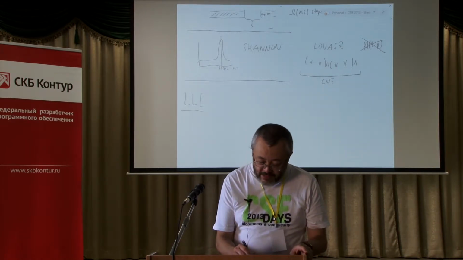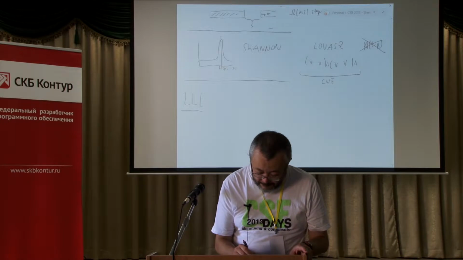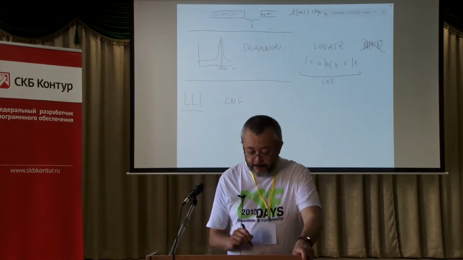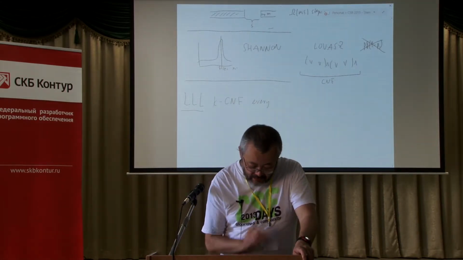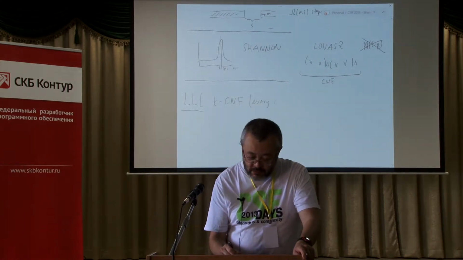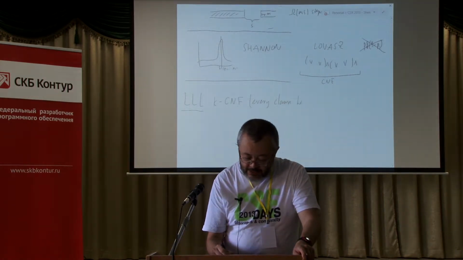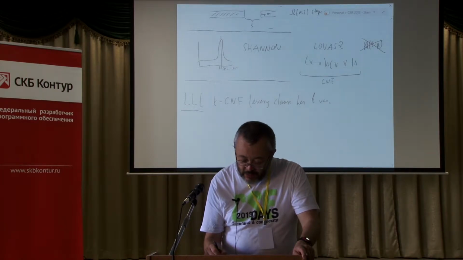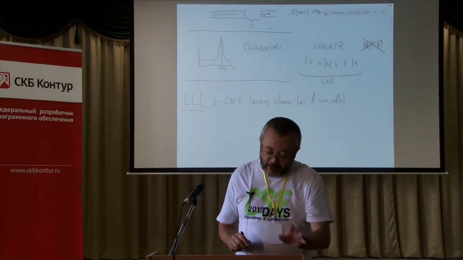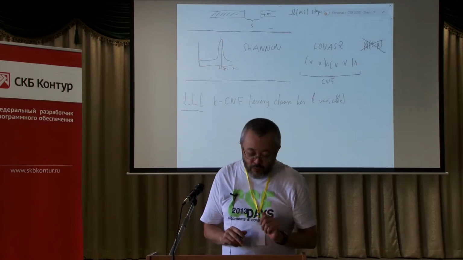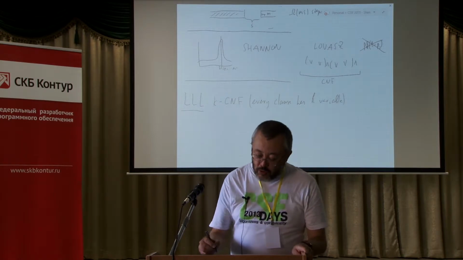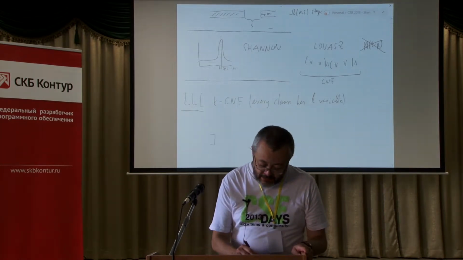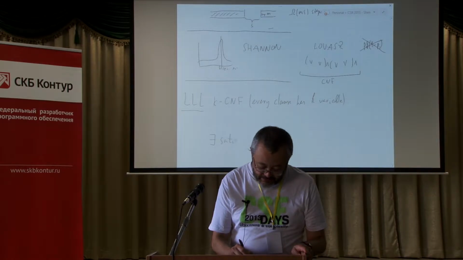Imagine we have a CNF, a k-CNF, so every clause has k variables. So every clause prohibits some combination of k values. And we want to show that there exists a satisfying assignment.